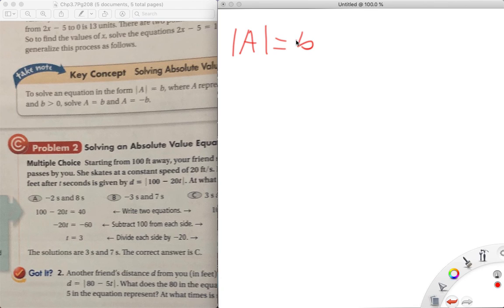So this is all about distance when we do the absolute value, right? Distance is always non-negative or positive. Therefore, since this is positive b, I can say that a is equal to b on the right hand side, and I can say that a is equal to -b on the left hand side. Same thing we just said, just with letters.